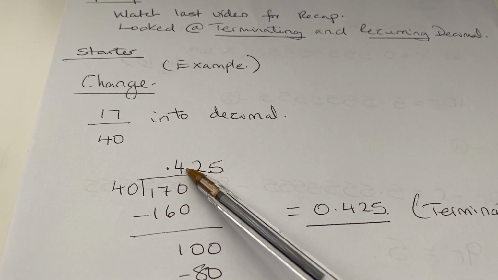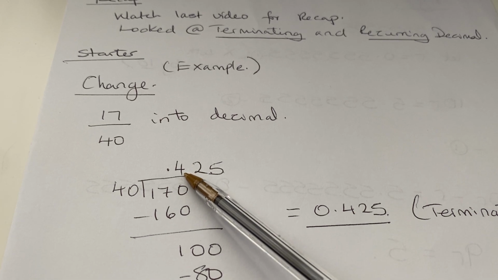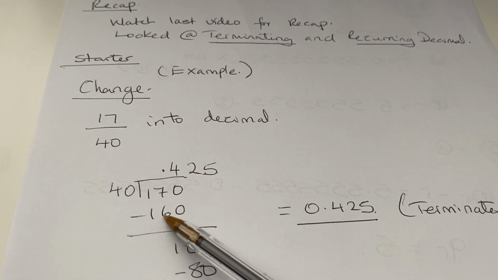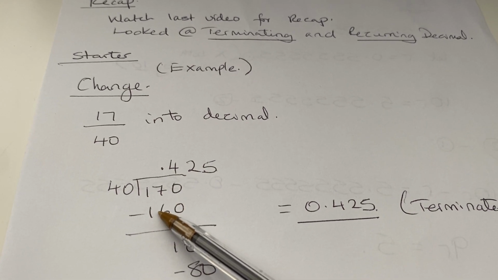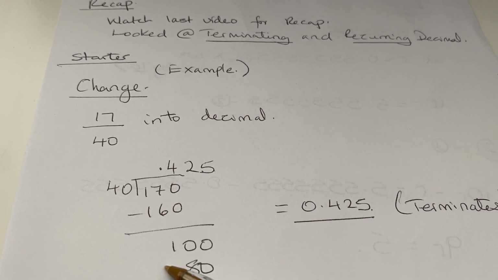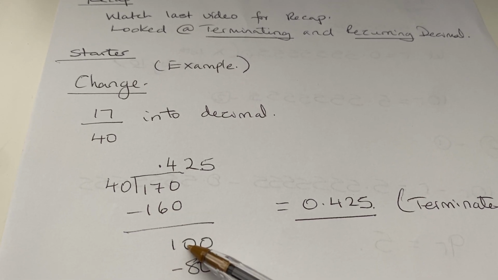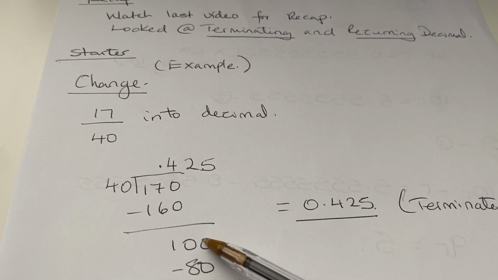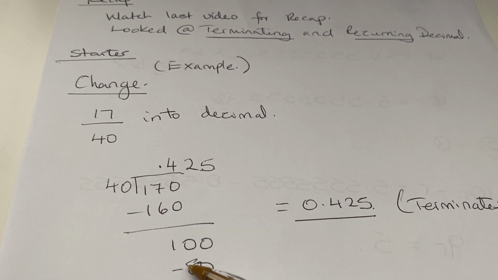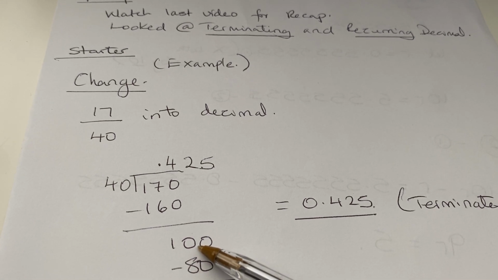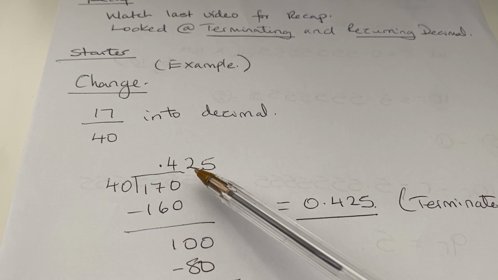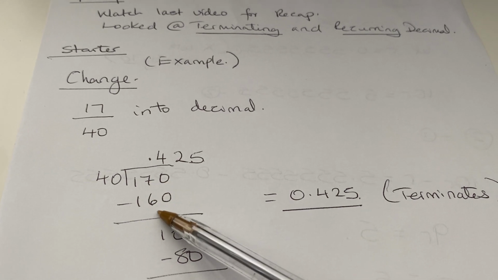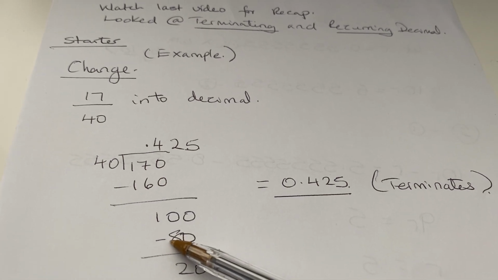You have 4. 4 times 40 is 160. When you subtract, you get 10. Then you add another 0. How many 40s do you have in 100? 2. 2 times 40 is 80.